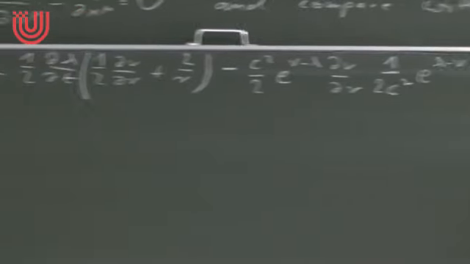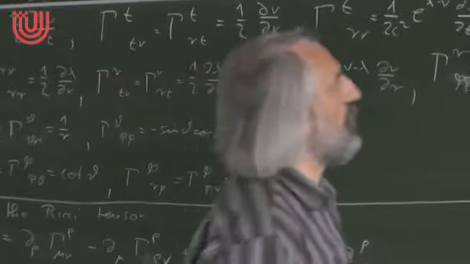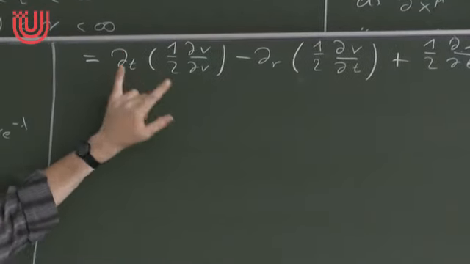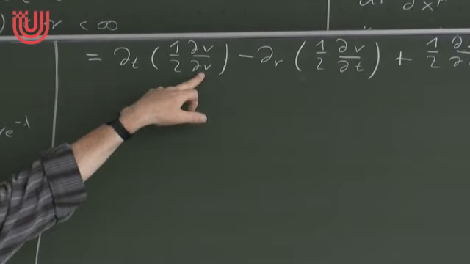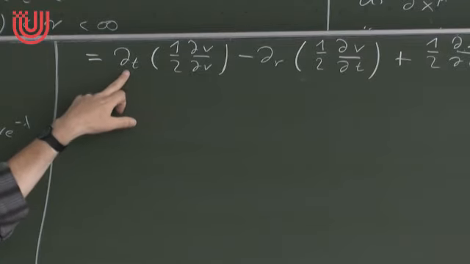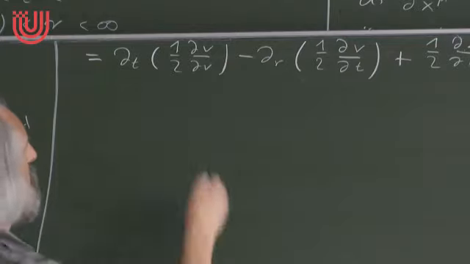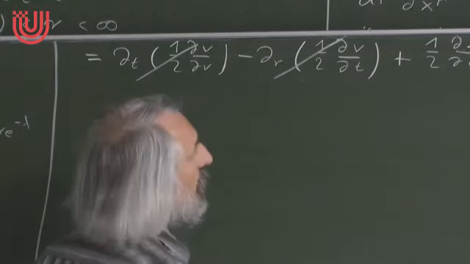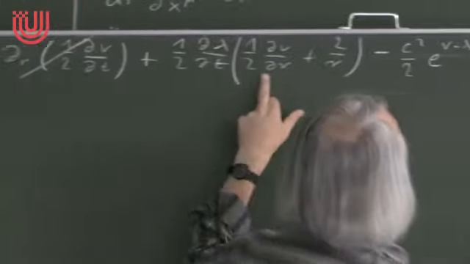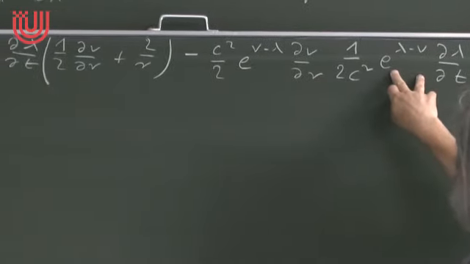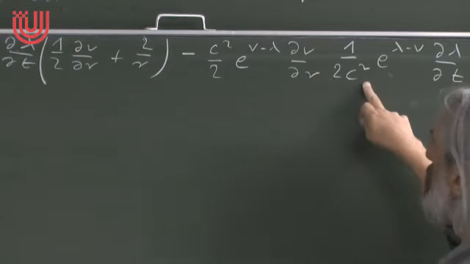Okay, now everything becomes fairly simple, hopefully, if I didn't make a mistake. So you see, these are the same terms, right? Partial derivatives commute. Here I first have the derivative with respect to r, then with respect to t. Here it's the other way around, but they commute. So these two terms cancel. And this term should cancel against this here. You see the two exponentials kill each other, the c squares kill each other.